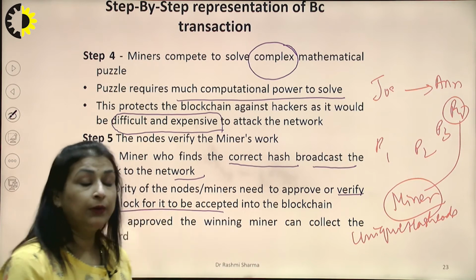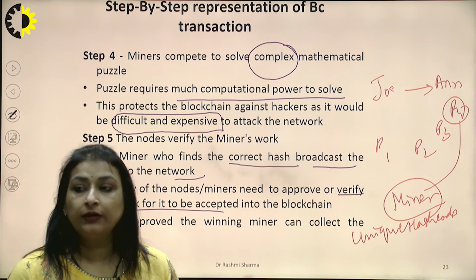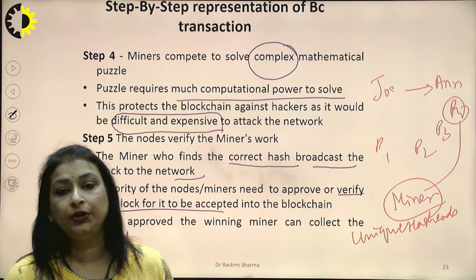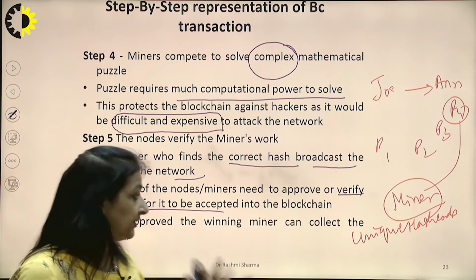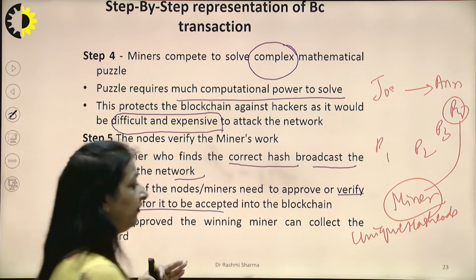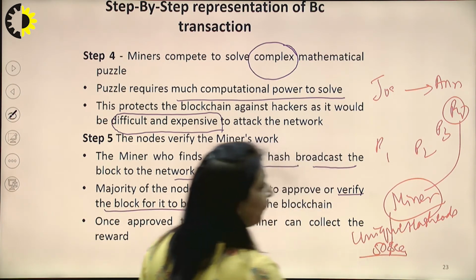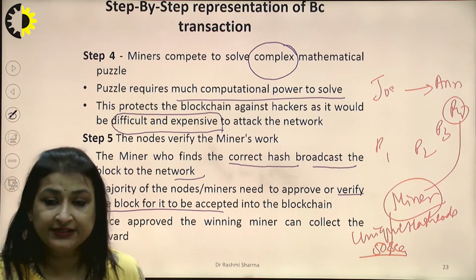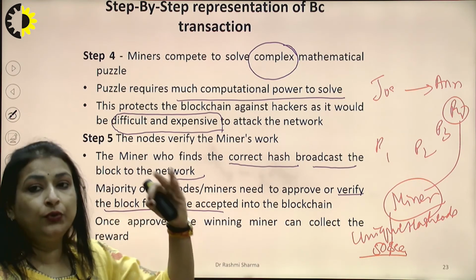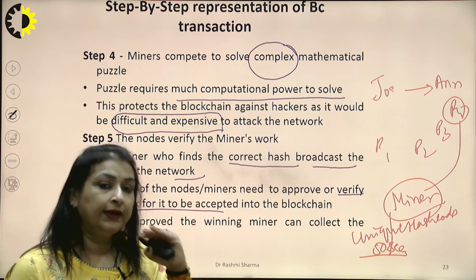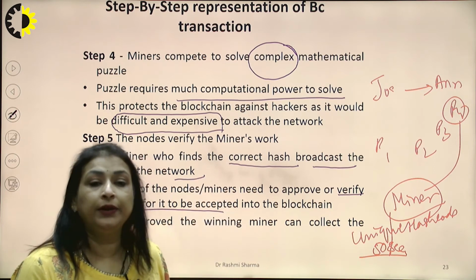If they are able to do it, then definitely any malicious attacker coming to that blockchain can do it. So for a specific duration of time, as you see, if this P4 has generated it in 50 seconds, then approximately 50 seconds would be given to P1, P2, P3, Joe and Anne, so that they see if they are able to break that hash code.